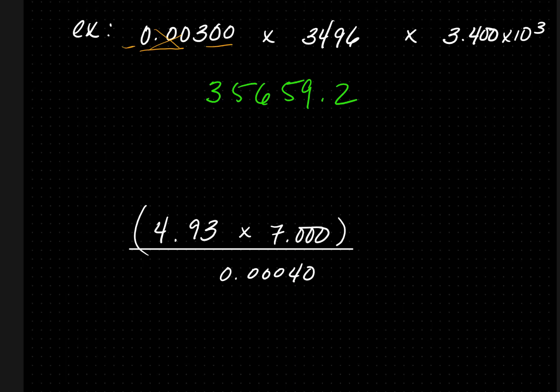The zeros behind the 3 are significant because there is a decimal present anywhere in the number and a significant digit. So the first one will have 3 total significant digits. The second number will have 4. These are all non-zero digits, so they are all significant.